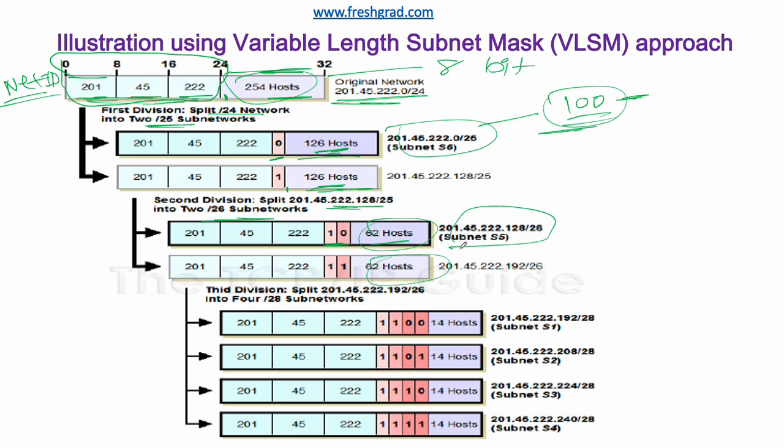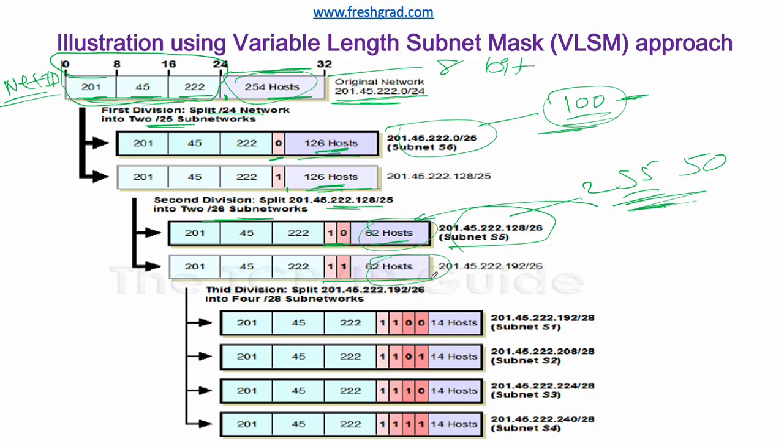So this will meet our second requirement, subnet number 5, because subnet 5 needed 50 hosts. So these subnets can easily accommodate 50 hosts.